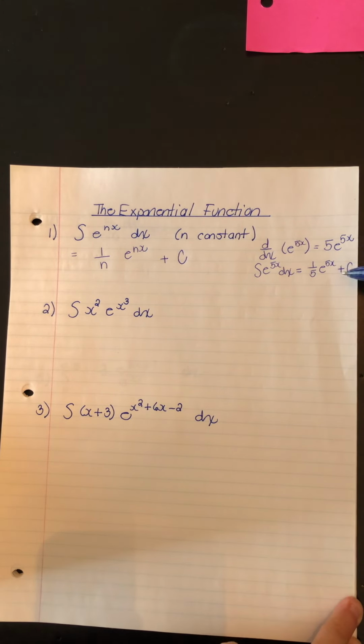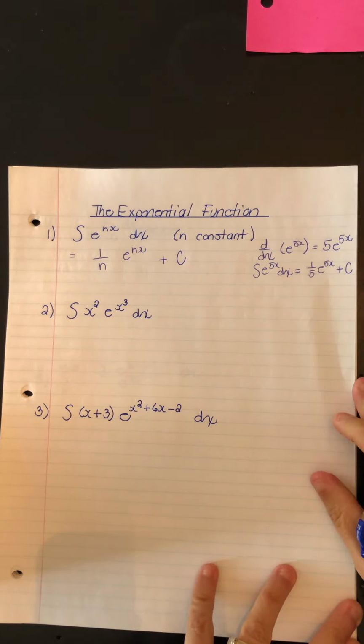Okay, so this is how you handle both the derivative and the integral of the exponential function whose exponent has a derivative equal to just a number. In this case, that number is 5.